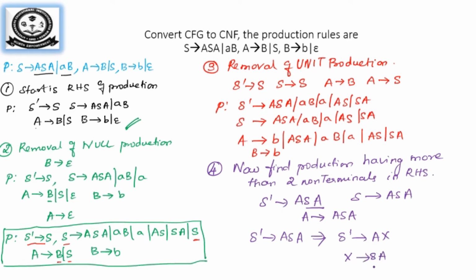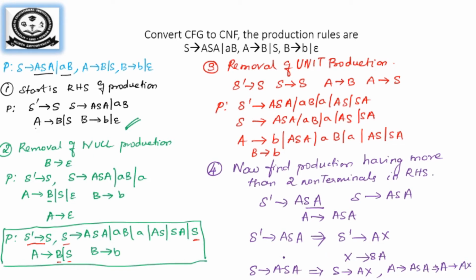So SA can be derived from X. So we can change S dash ASA as S dash tends to AX. Similarly, we can do it for A also. So A tends to ASA can be converted into A tends to AX.